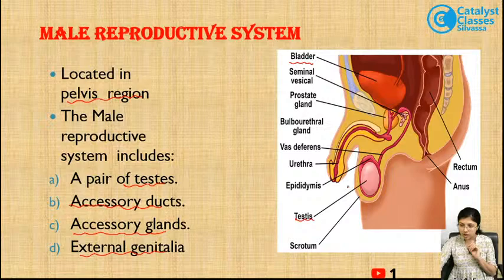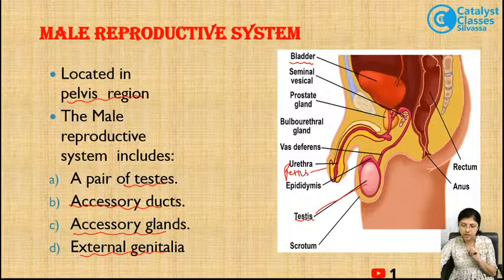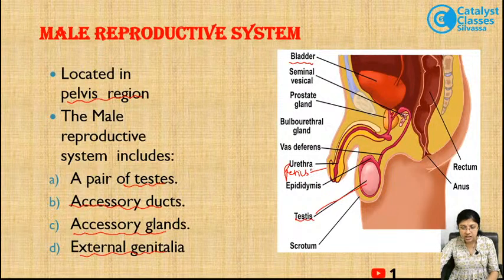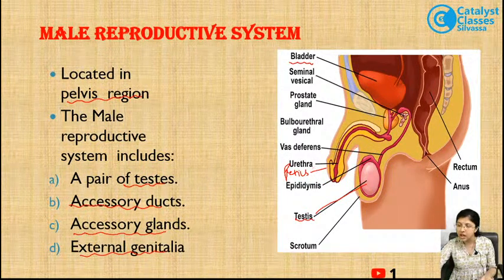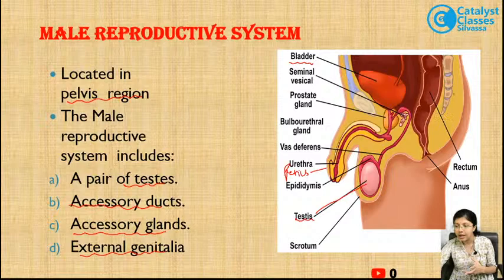Here are the testes, and the penis is the external genitalia of the male. It is situated outside the body, and just behind the reproductive system in male is present the digestive system, parts of the large intestine, that is rectum and the anus.